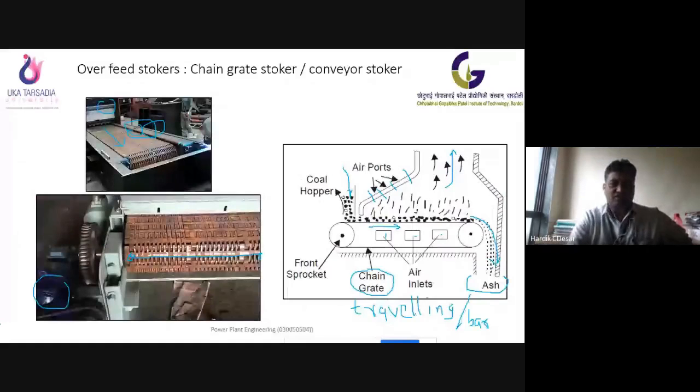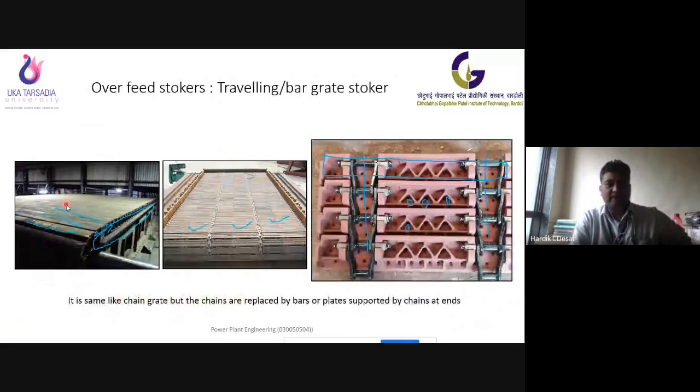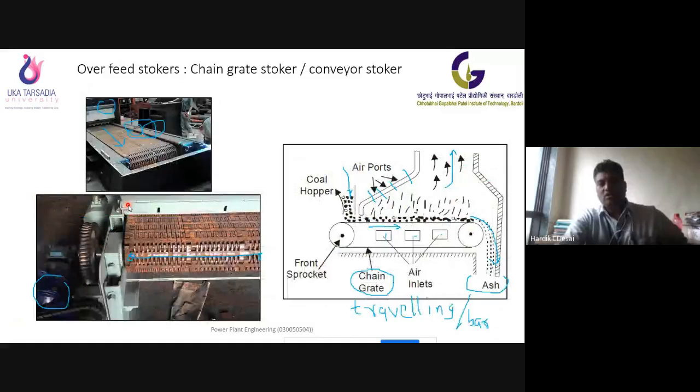Here you are having the chain, and over here you are having this kind of plates, or you can say bars. Otherwise, the whole working of this overfeed stoker is going to be the same.